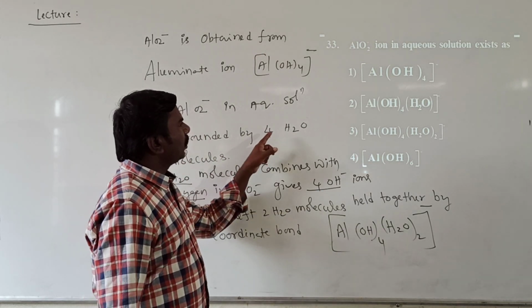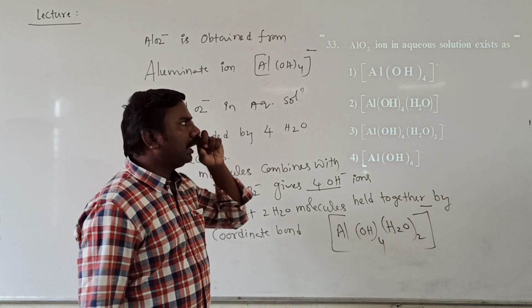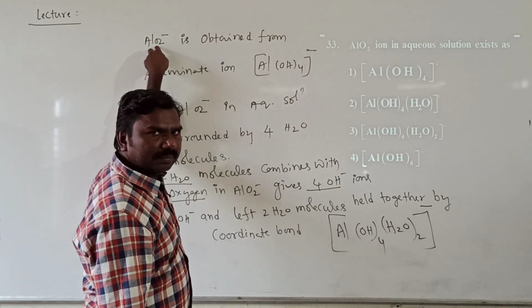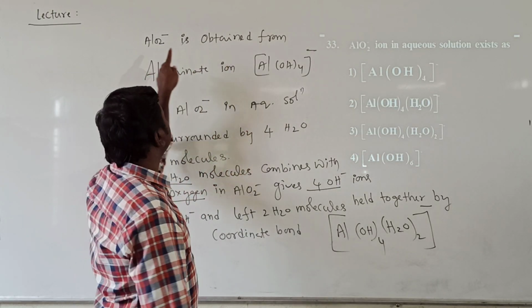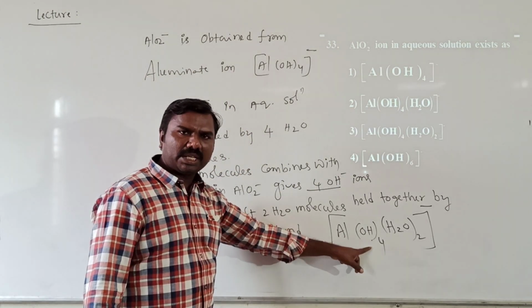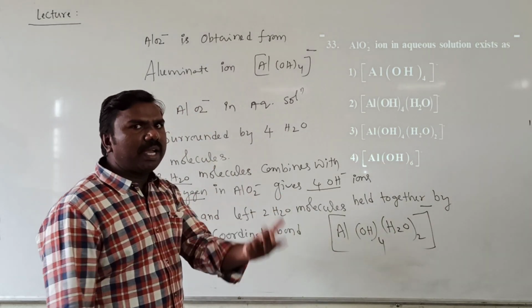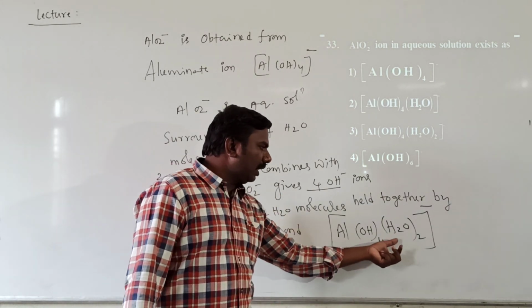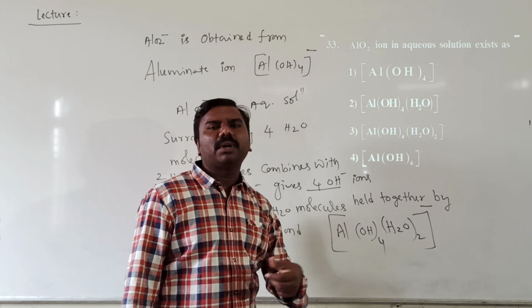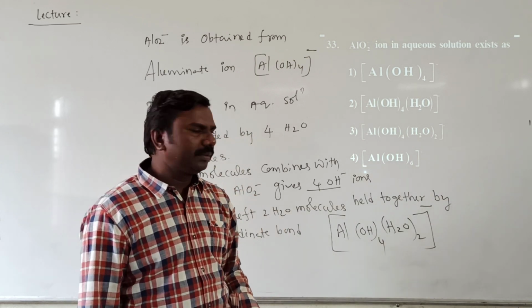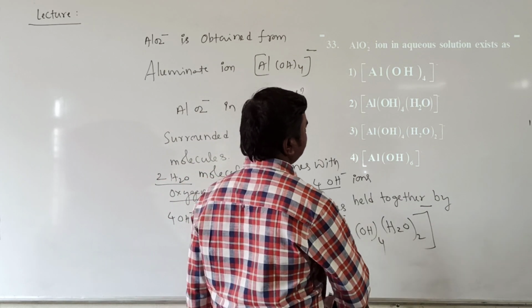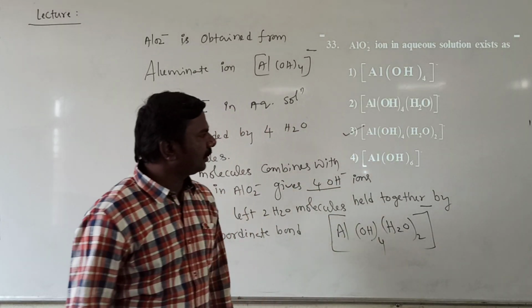The remaining totally 4 H2Os are surrounded by this AlO2 minus. 2 H2Os and this O2 converted into OH minus, 4 OH minus. The remaining 2 H2Os are directly in contact with the aluminium by coordinate covalent bond. Then the formed compound is option C, correct.